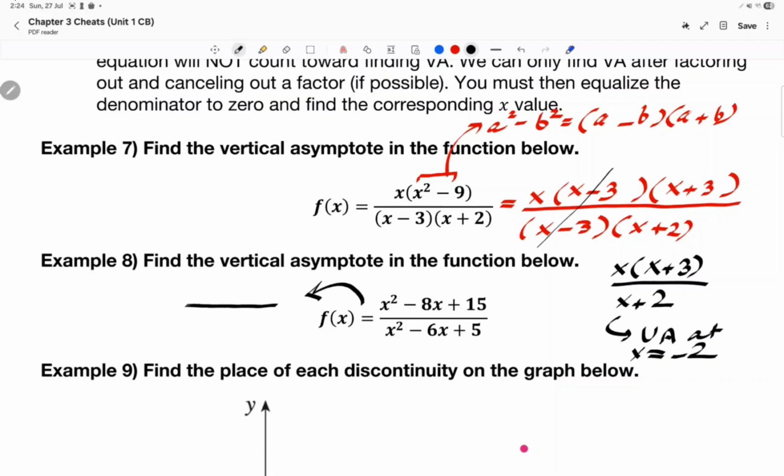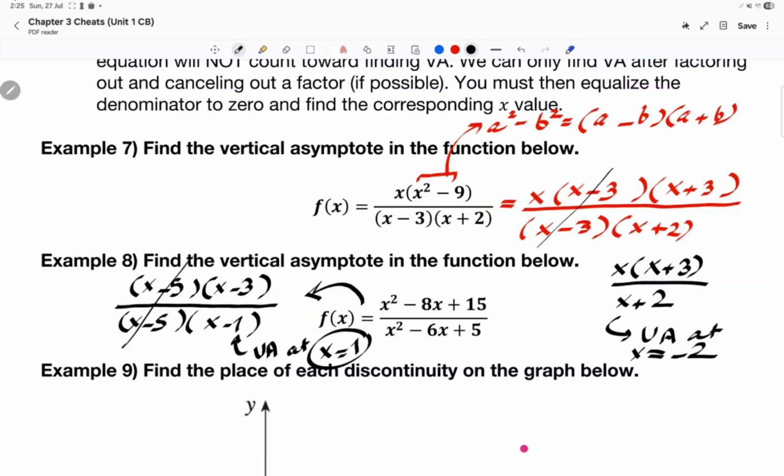You must factor both top and the bottom. Go ahead. Did we do this one? Maybe. Have we? Yeah. x minus 5, x minus 3, x minus 5, x minus 1. Yep. So vertical asymptote at x is equal to 1.